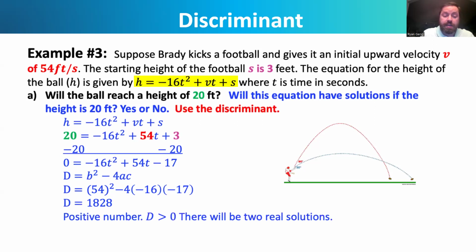It means that's a positive number. It means there are two real solutions, which means the ball will reach a height of 20 feet. It's actually going to reach 20 feet twice, once on the way up and then once on the way down. Okay, so that's an application of the discriminant. It answers how many solutions a quadratic has. And that concludes lesson 3.